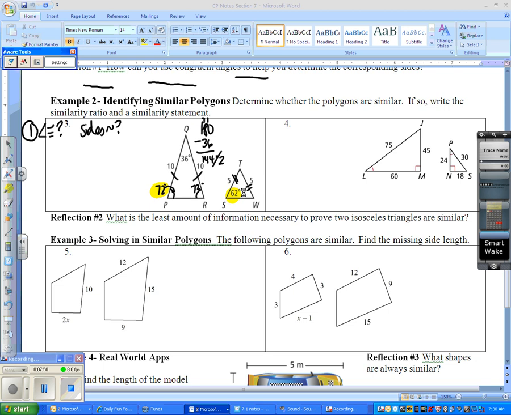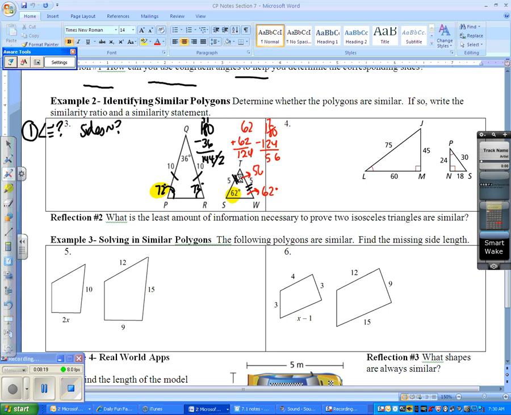Let me try this over here and just double check that I did my math right. Similarly, if these legs are congruent, these base angles have to be congruent. So this one's going to be 62 degrees as well. Then if I add those up, 62 plus 62 is 124. If I subtract that from 180, I get 56 degrees.